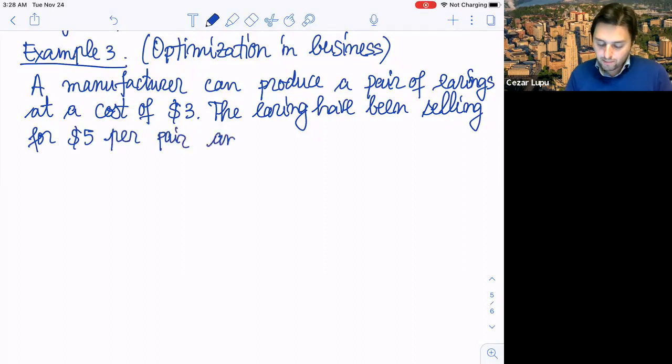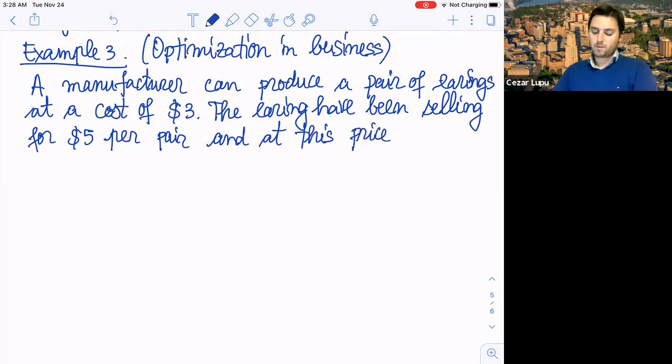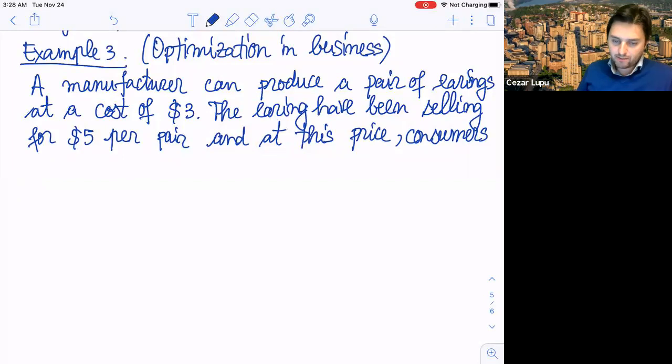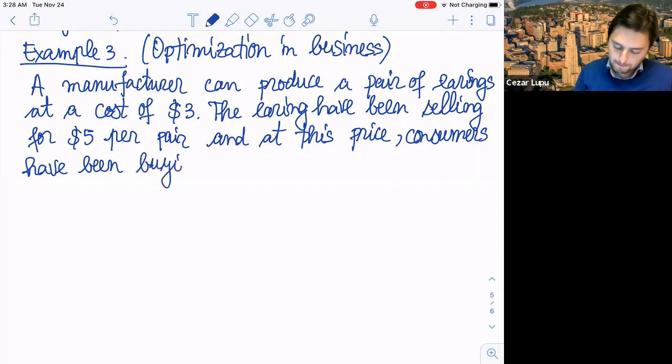And at this price, consumers have been buying 4,000 pairs per month.